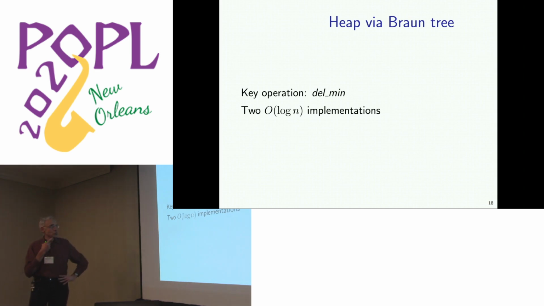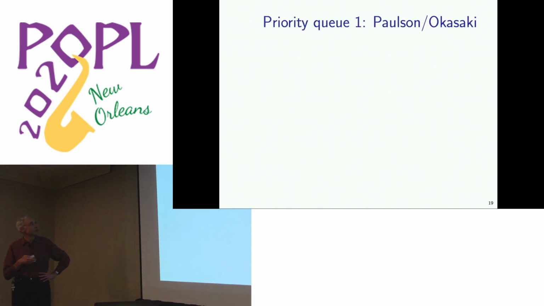I'm going to show you two similar but somehow slightly different log n implementations for this del-min operation. The first one comes from Larry Paulson's ML book, where without proof he presents the algorithms and actually credits them to Okasaki, personal communication.